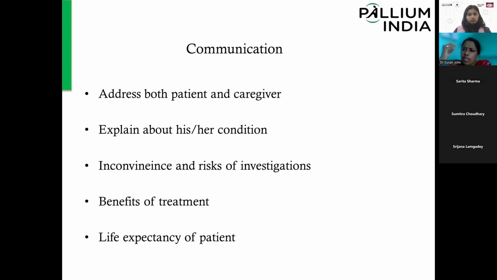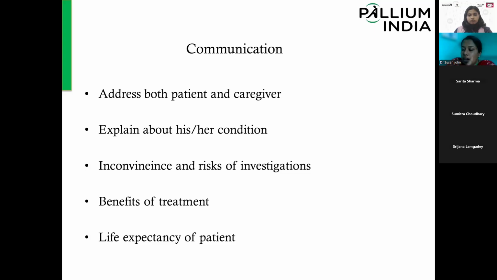So communication is very, very important in breathlessness, because, as I said initially, the management of breathlessness in the palliative care setting is a little bit different from the normal setting. Otherwise, it will cause more harm to the healthcare professionals.